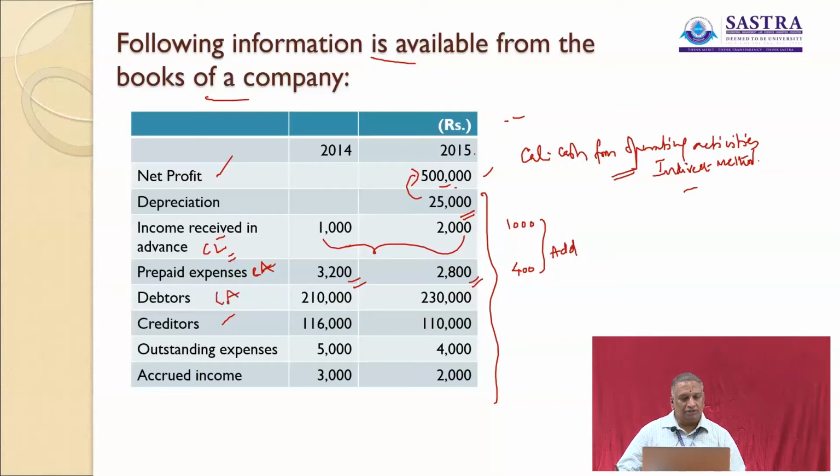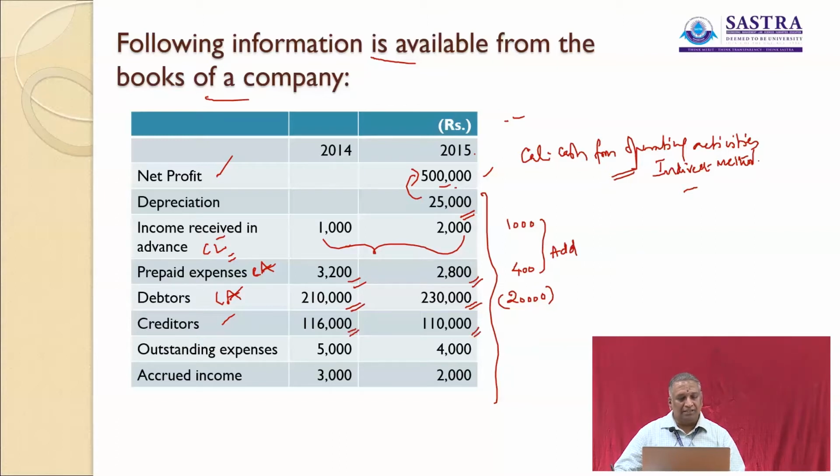And even debtors also current asset. You just see 2,10,000. Whereas here debtors has increased, that means you will have less cash. So 20,000 rupees less. And creditors, you are making payment towards creditors.